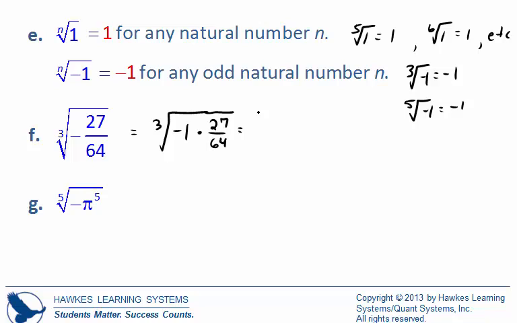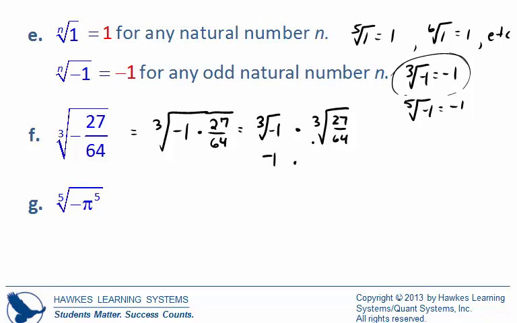And I'm going to go ahead and break up my radical over these two numbers, which I can do as long as they're multiplied together. So we're going to evaluate the cubed root of negative 1, and we're going to evaluate the cubed root of 27 over 64. Now, the cubed root of negative 1, we've already looked at and said that since the 3 is odd, the answer to that is going to be negative 1.